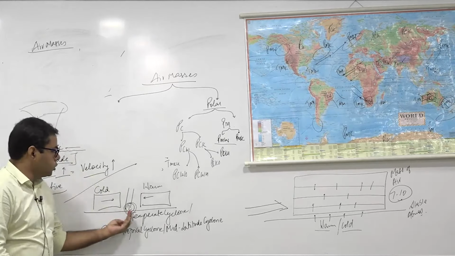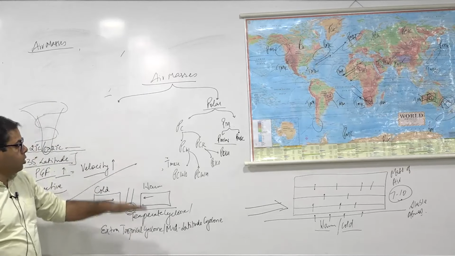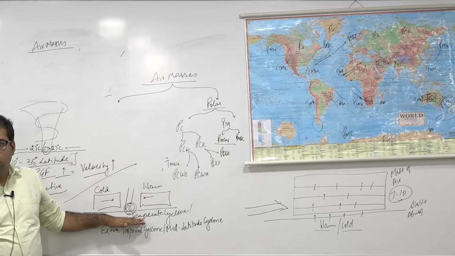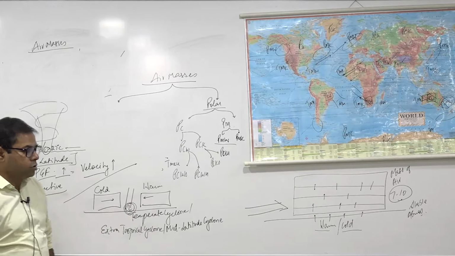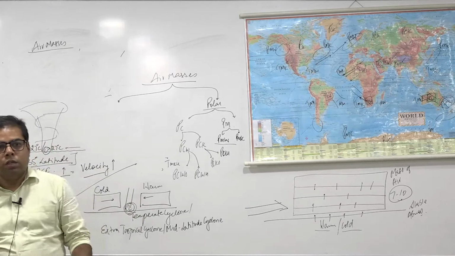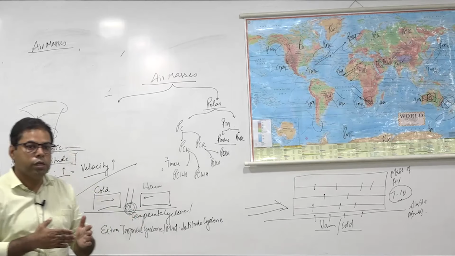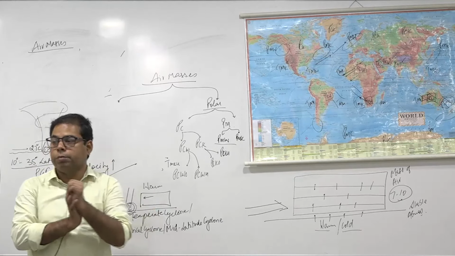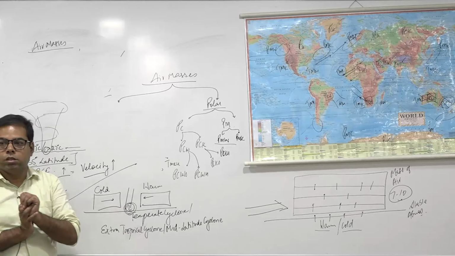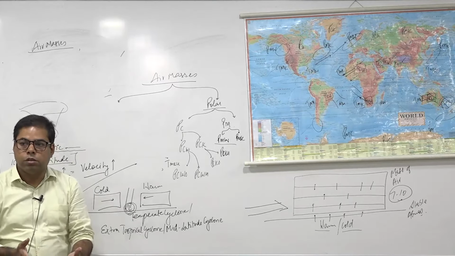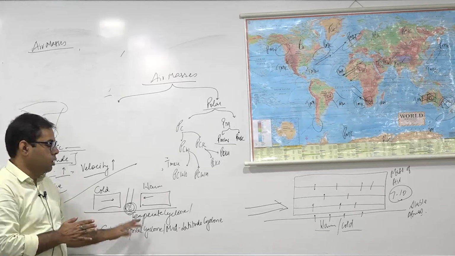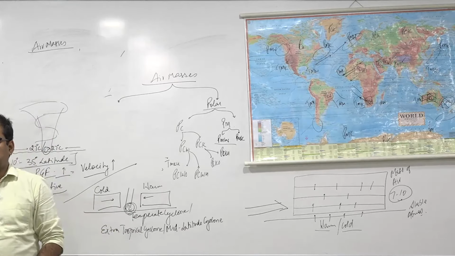But here this low pressure is not because of this subpolar zone. This surface is not heated. Here the low pressure is because the warm air is reaching there in this subpolar zone, temperate zone. So this low pressure is dynamically induced.